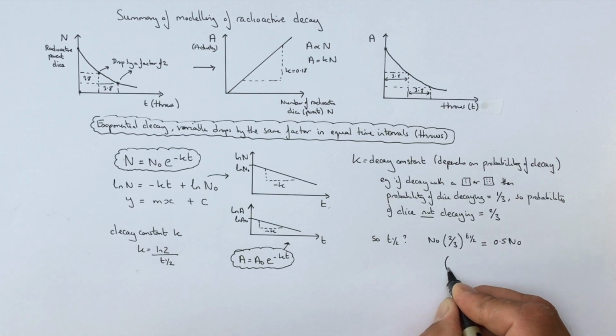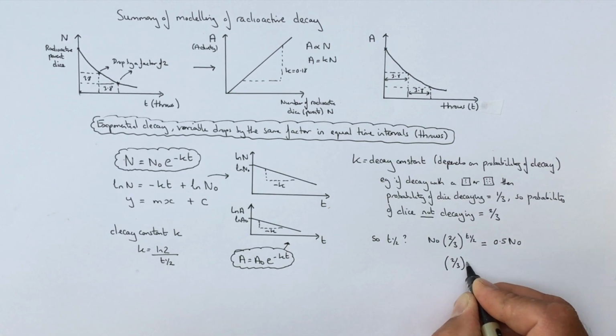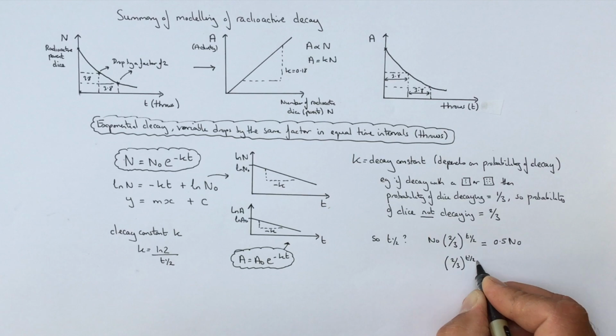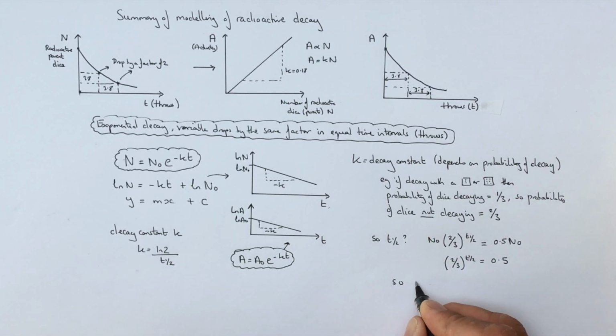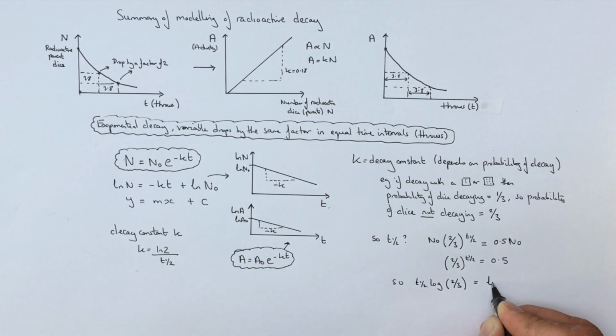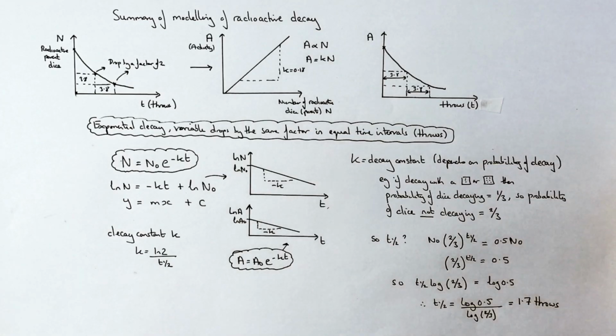So eliminating N0 gives us 2/3 to the power of t to the half is equal to 0.5. Taking logs to the base 10, we get the following. This gives us t to the half is the log of 0.5 divided by the log of 2/3, which equals 1.7 throws.